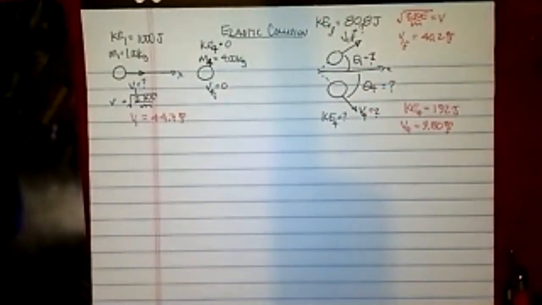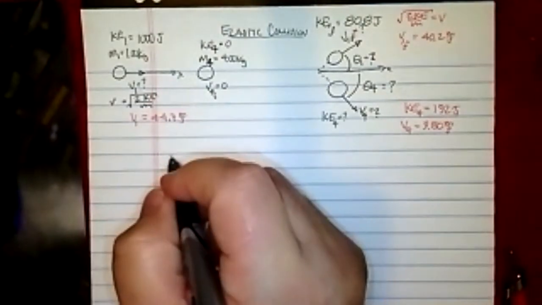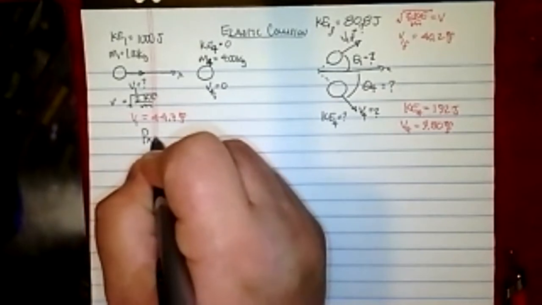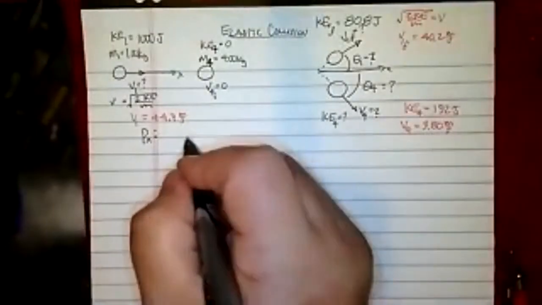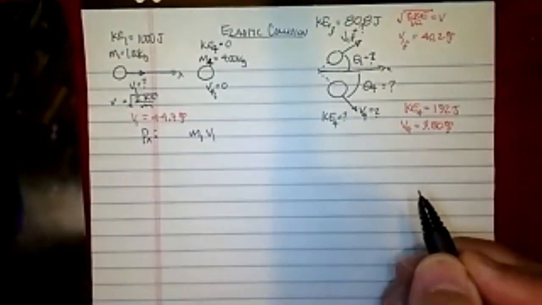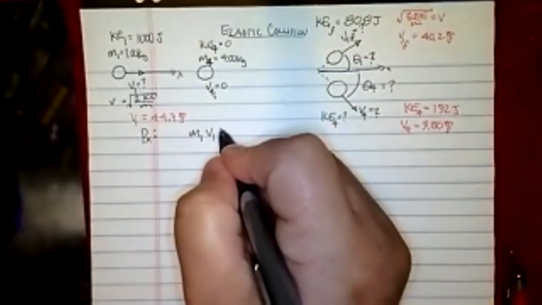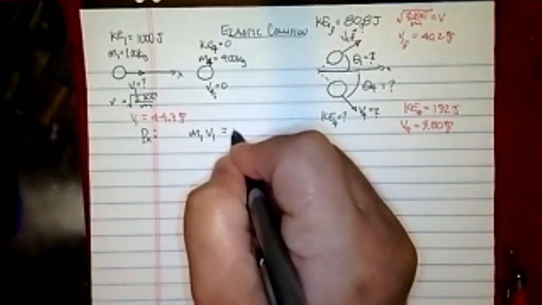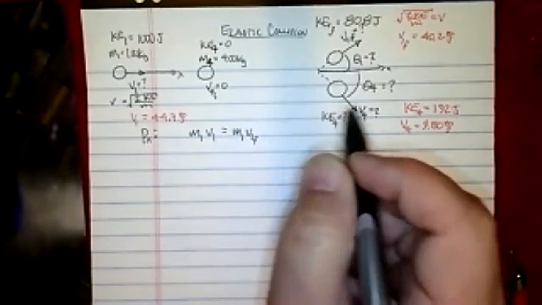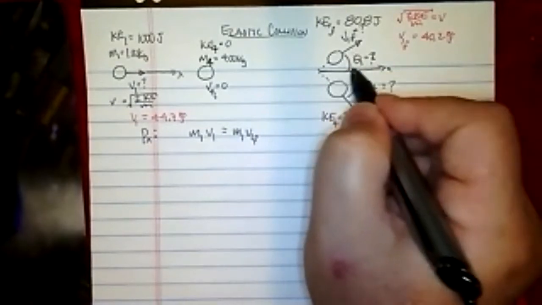So what we do is we set up the conservation of momentum in the x direction. So P sub x. The initial momentum, of course, is just m1 v1. The final momentum is equal to m1 v1f. But now I need the x component, so I'm going to take the cosine.